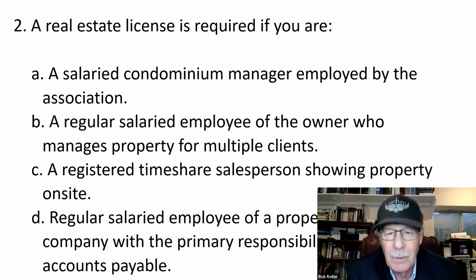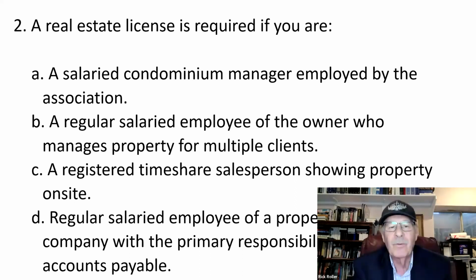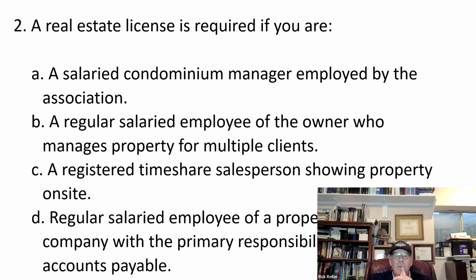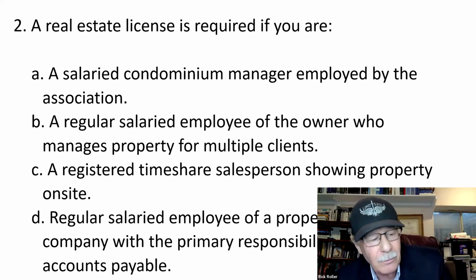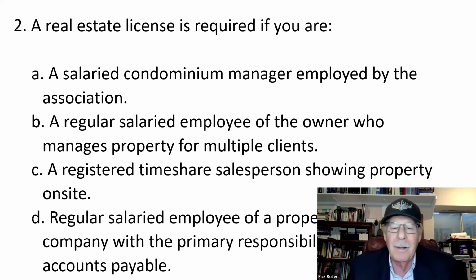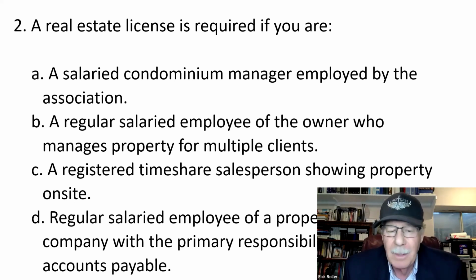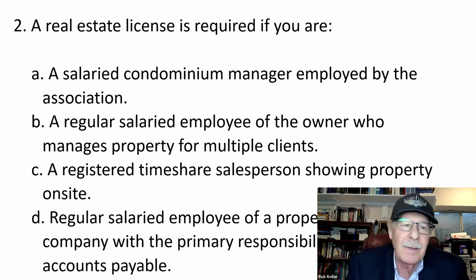B: a regularly salaried employee of the owner who manages property for multiple clients. Okay, this is half true and half false, which makes it all false. The trick on this one is if you work for, let's say, an orthodontist, and by the way, dentists and chiropractors are two great groups of people you should be soliciting to all the time, particularly if you come across properties in the price range that investors might want to buy and keep as rentals, or fourplexes and duplexes and things like that.